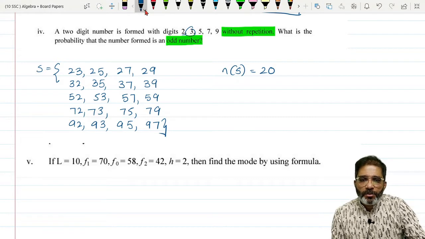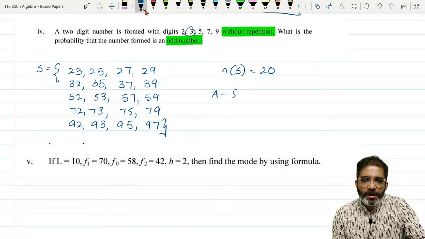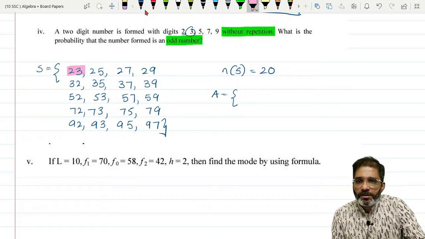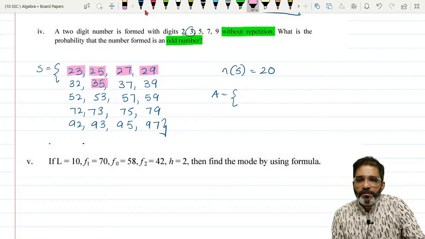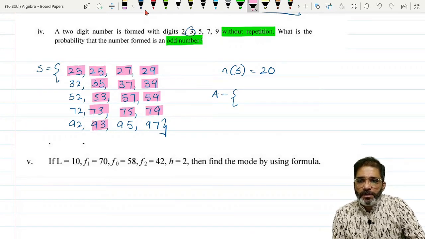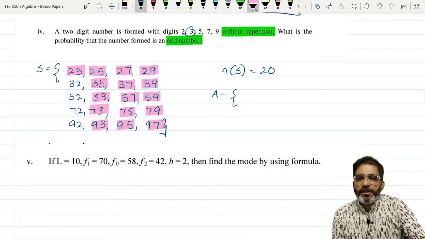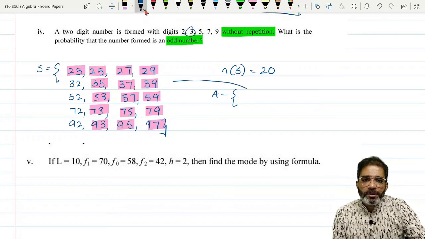Okay, so let that event be A. So students, we want all odd numbers, so let us first highlight all the odd numbers: 23, 25, 27, 29, 35, 37, 39, 53, 57, 59, 73, 75, 79, 93, 95, 97. We are going to write down all these numbers here. That is going to be A.